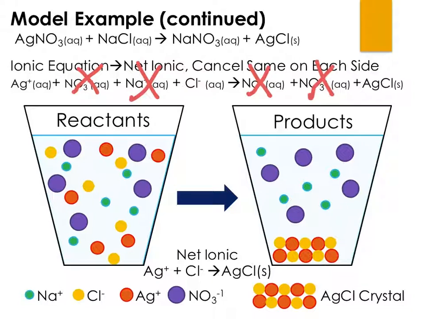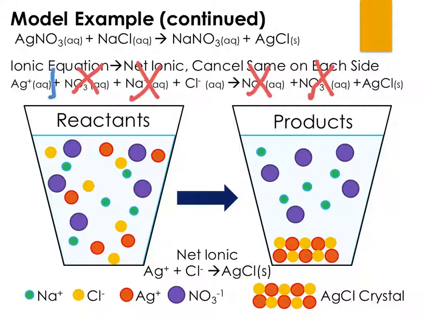Right? And the last thing we're going to look at is my chloride. So I see Cl minus aqueous. I need to see exactly Cl minus aqueous on my product side. I don't. I see Cl again, but it's not Cl minus aqueous, the ion of chlorine aqueous, so we're going to keep it. And so what I'm left with is the things that make up the chemical reaction.